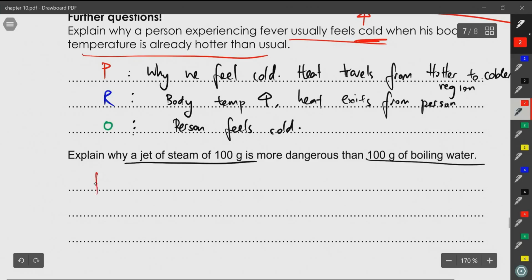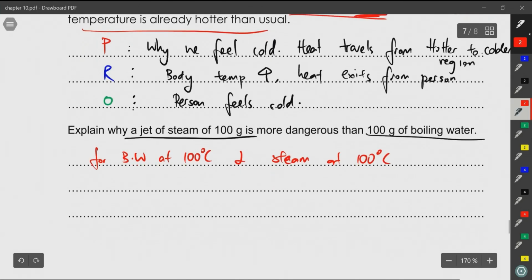So for boiling water and steam at 100 degrees Celsius each, please don't write anything yet, the steam has 10 minutes more energy. Of course it's not really 10 minutes, it varies, but let's just put here that it has 10 minutes more energy.